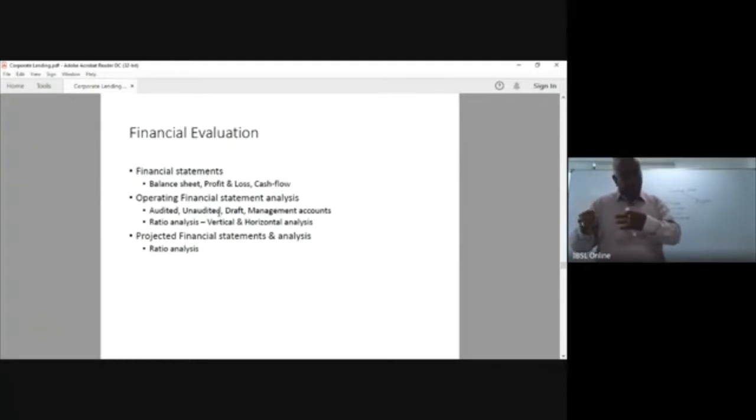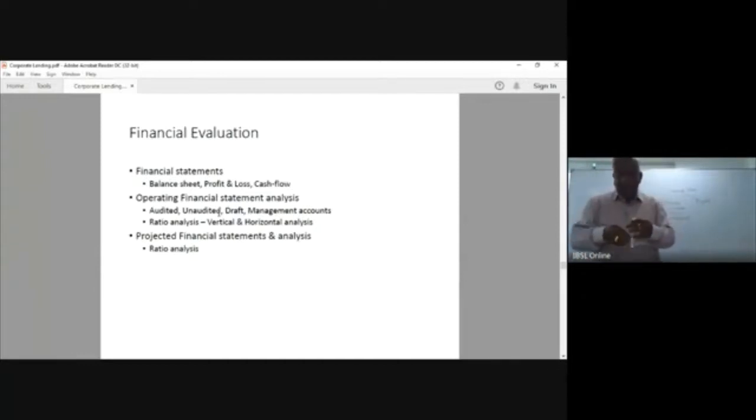The auditors go through everything and finally sign together with their opinion. Then only it is an audited financial statement.